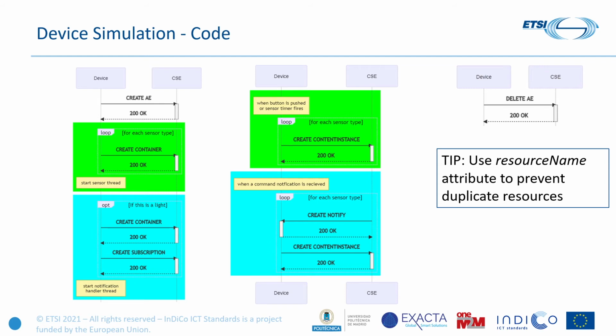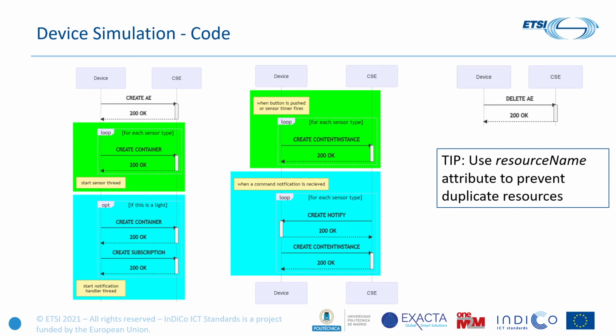After we create the containers for the sensor types, we go ahead and set up for the light operations if the device is a light. In this case, it's going to create two containers. One container will be for holding the current state of the light, whether it's on or off.